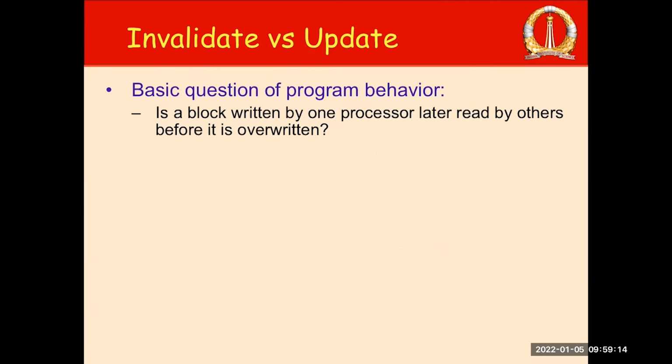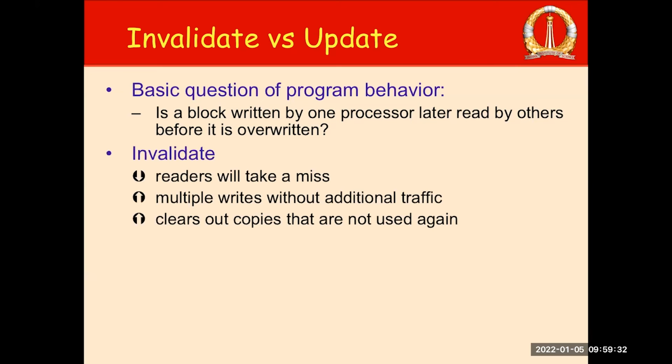Cache coherence is implemented as a part of the processor and the processor caches, so it comes with a particular version of the protocol. It either comes with the invalidation based protocol or the update based protocol. But let's see what are the advantages and disadvantages of these two protocols.